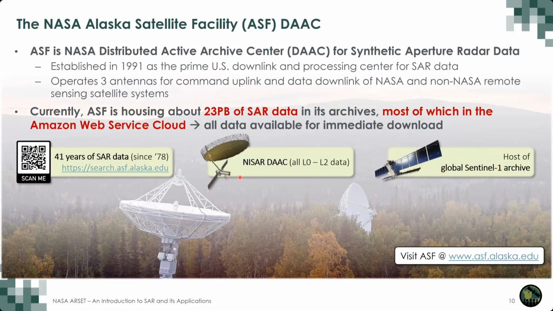Also important for ASF is that we will be the host of an upcoming NASA mission, the so-called NISAR mission, and we will be hosting all level 0 to level 2 L-band SAR data coming out of NISAR. So I'll talk about this in a few slides here in a few minutes. ASF has a total of 41 years worth of SAR data for your consumption, and all of these data sets are available through this URL at search.asf.alaska.edu. And when you access these slides later, this is a live link and gets you directly to our search interface.